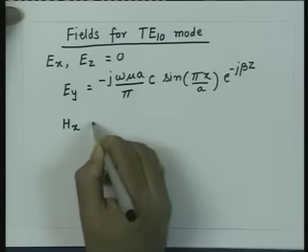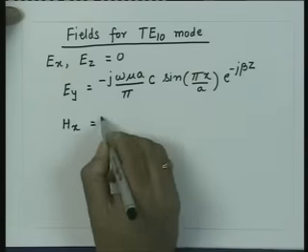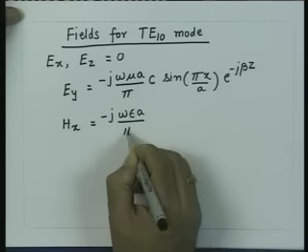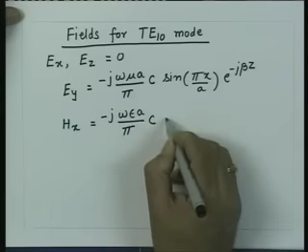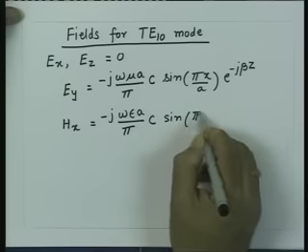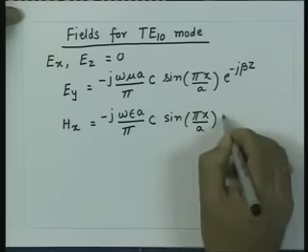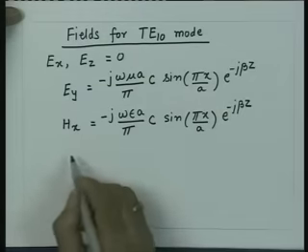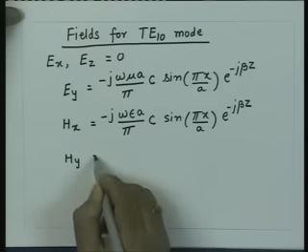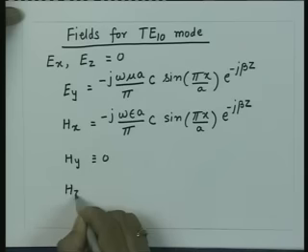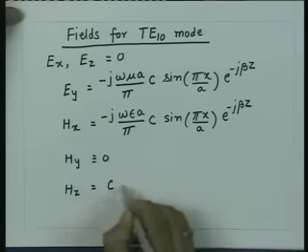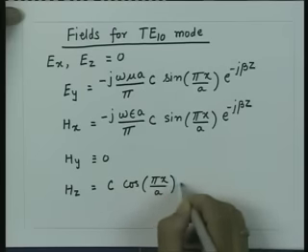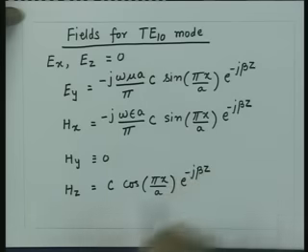Hx is equal to minus j omega epsilon a upon pi c sin pi x by a e to the power minus j beta z. Hy is 0, and Hz is equal to c cos pi x by a e to the power minus j beta z.